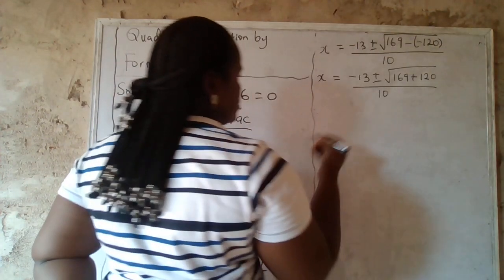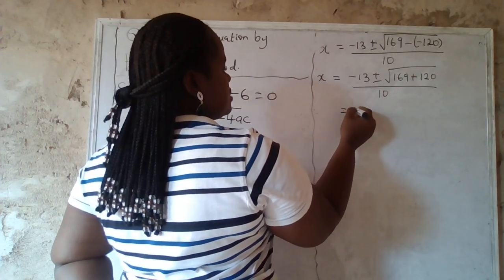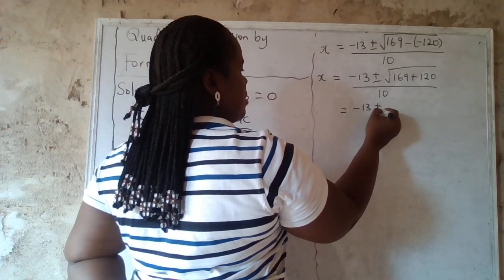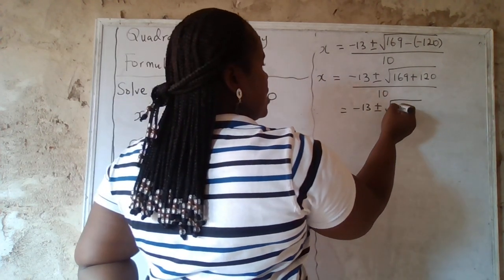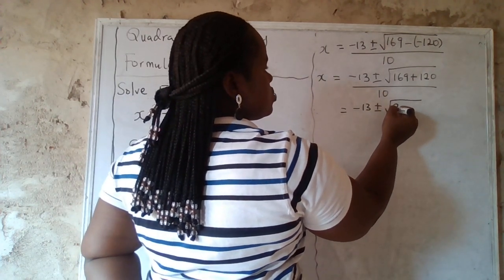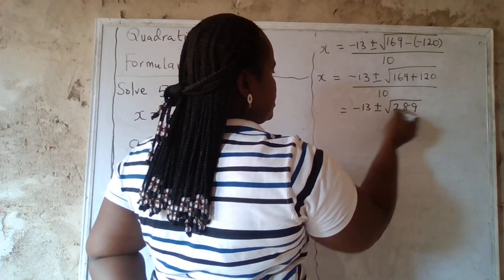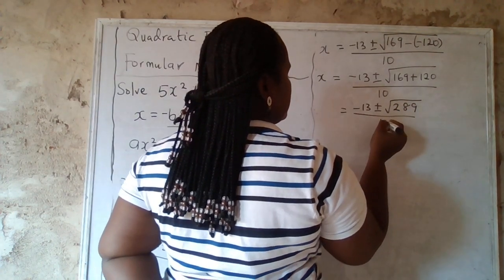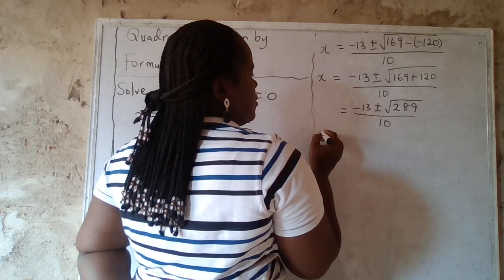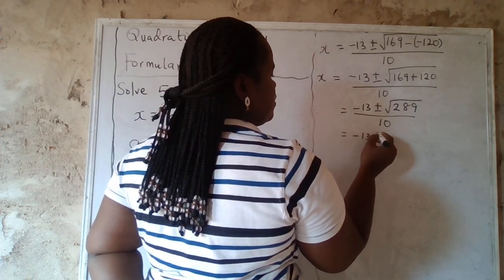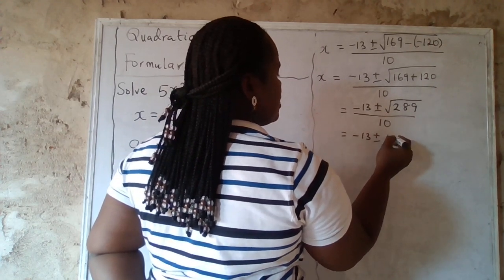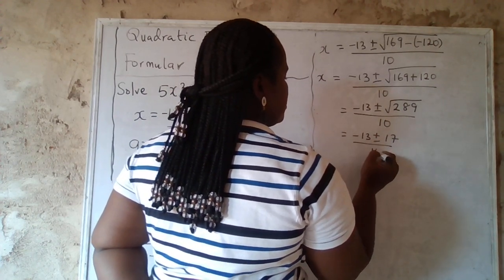Now let's continue. That will give us minus 13 plus or minus square root of this 169 plus 120, which will give us 289, all over 10. Therefore, that will give us minus 13 plus or minus square root of 289 is 17 all over 10.